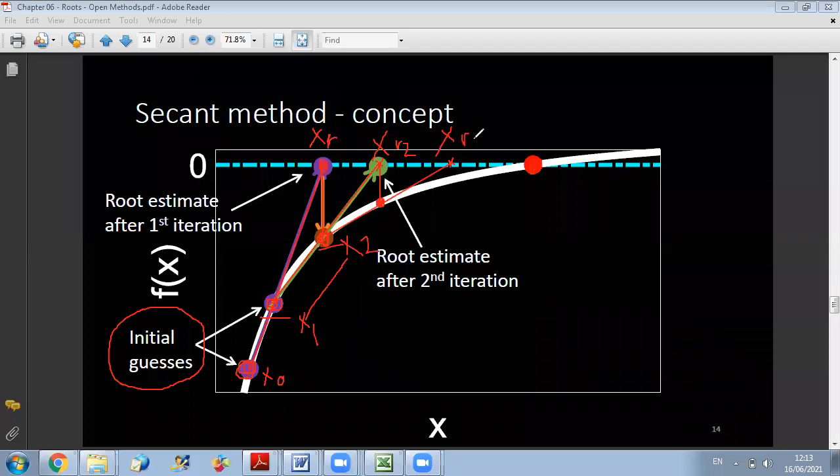So here also it seems it's a good method. It's approaching the root. If you continue, the next iteration will be very close to the root, because you will take these 2 points and join them. The intersection is now very close to the root. So in 4 iterations, you will be able to approach your solution.